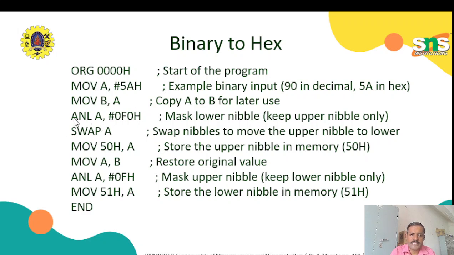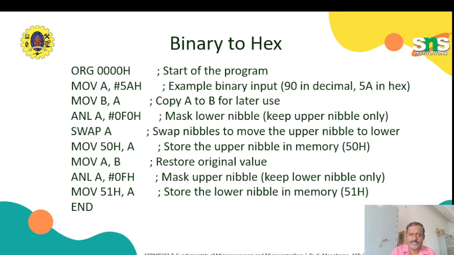I am performing ANL A, #0F0H. So what happens? This 5A will be taken and a logical AND is done with F0, that is 1111 0000. If you write 5A in binary, 5 is 0101 and A is 1010, and that will be ANDed with 1111 followed by four zeros.